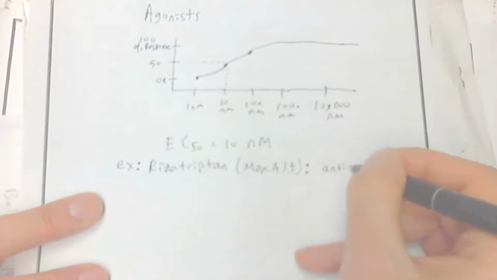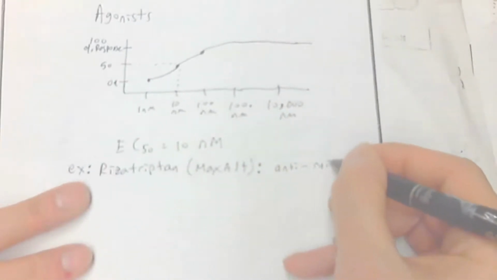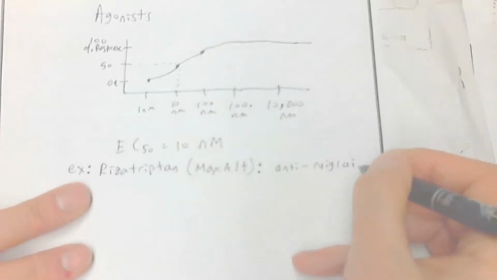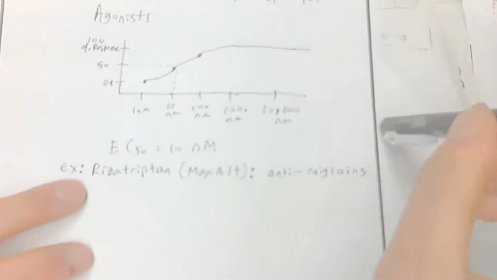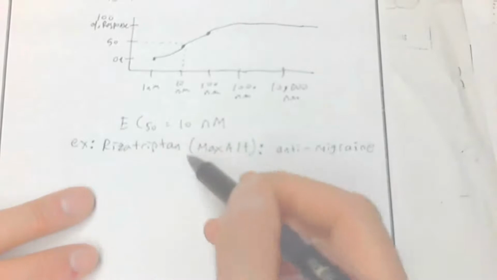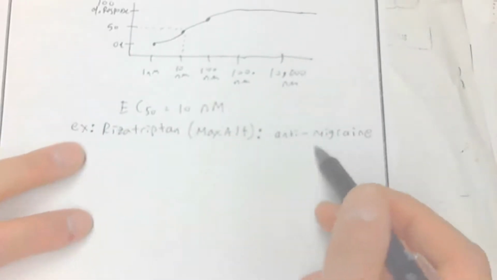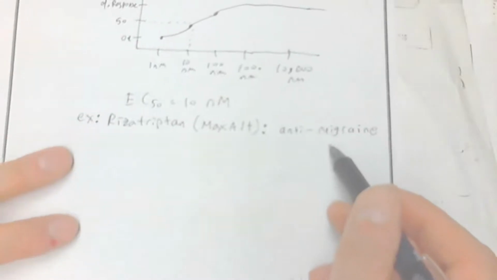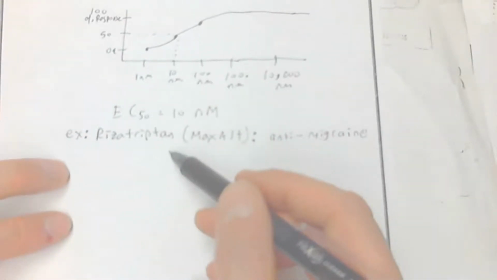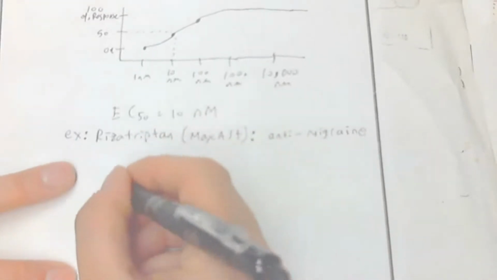I don't know if anybody else suffers the fun of migraine headaches. This is one of the very common modern anti-migraine drugs. It's actually quite effective, and it is an agonist. It's not an antagonist.